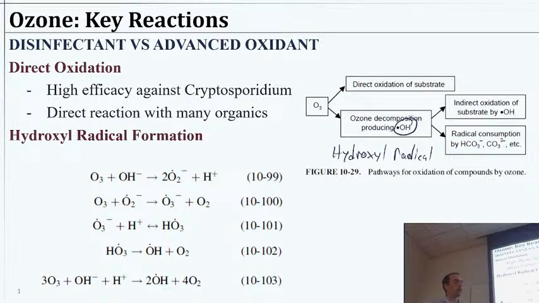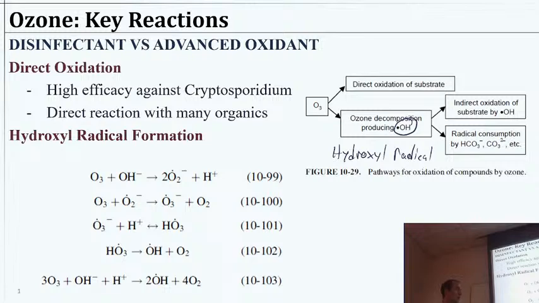And from there, that guy can dissociate to give us diatomic oxygen and a hydroxyl radical. So that's a pathway where we can get hydroxyl radicals from ozone reacting with OH minus. So that means if we have basic conditions where OH minus is present in large quantities, we will get hydroxyl radicals because this chain reaction will occur.